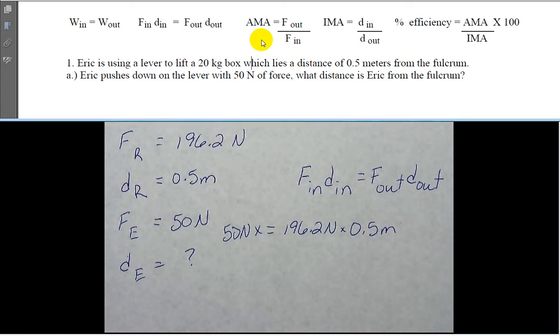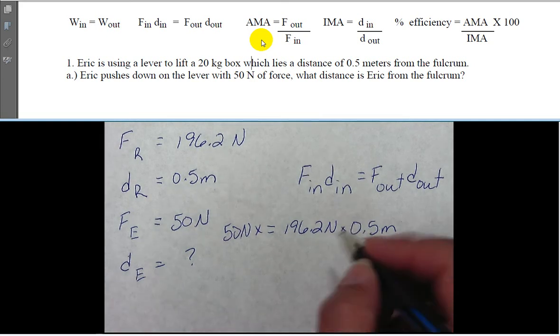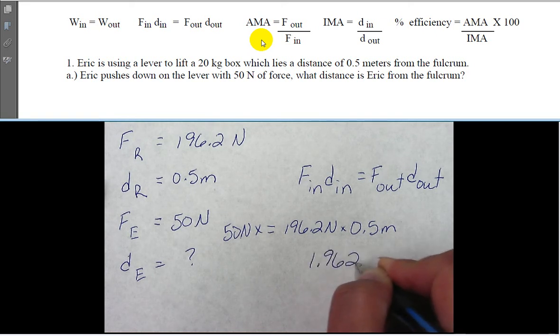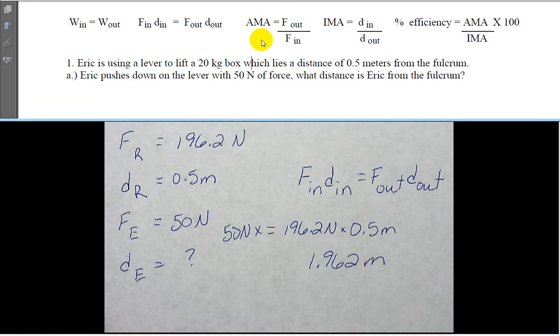I know my handwriting is bad. Hopefully yours looks a little better on your screen. I'm going to multiply 196.2 times 0.5, and then divide that by 50. So the distance of my effort is 1.962 meters.